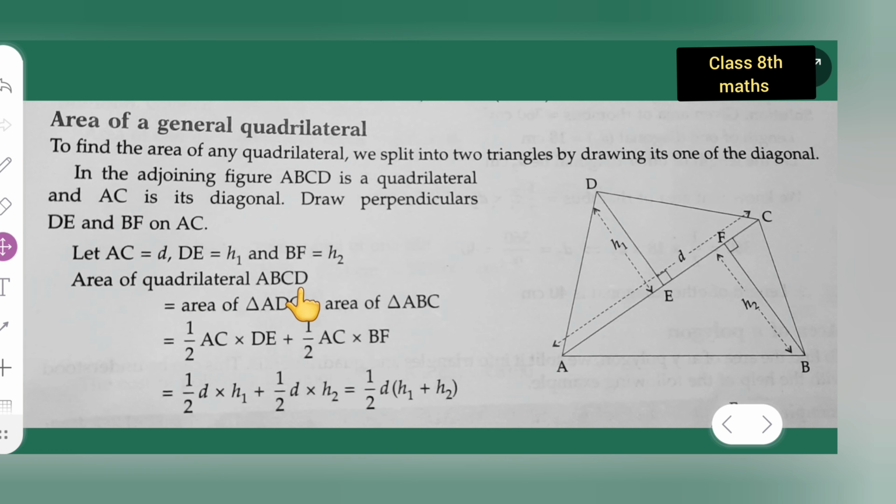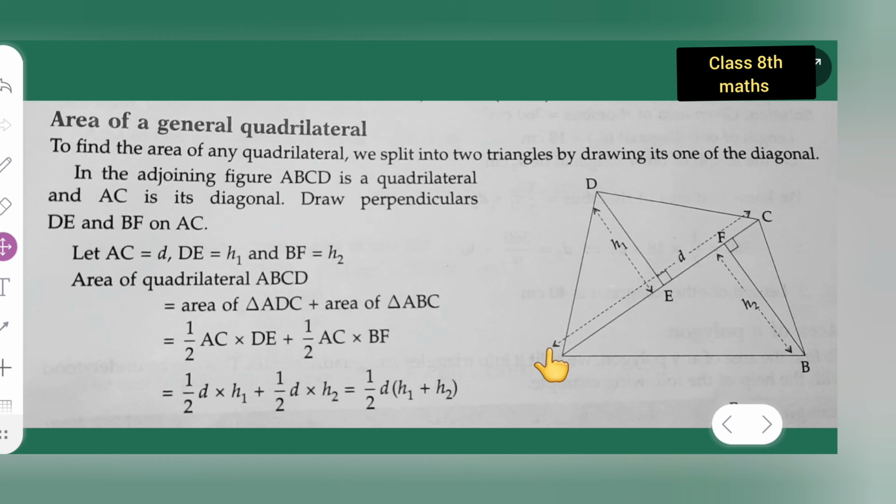So the area of quadrilateral ABCD is equal to the area of triangle ACD plus the area of triangle ABC. I have taken two triangles now.